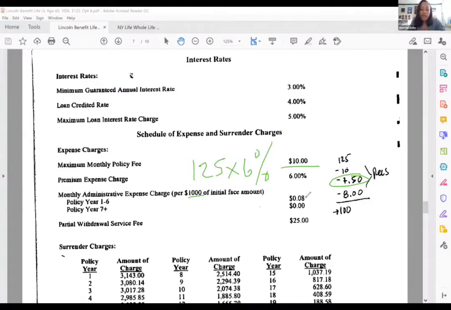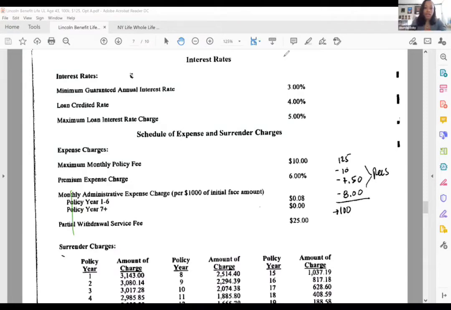So now you're paying 8 cents per thousand, which they have 100,000 of coverage. So you would do 100 times 0.08, that's another $8. So you add all of that up, you only have pretty much $100 left after the fees. So they're paying 125, $25 went straight just to fees right off the bat.